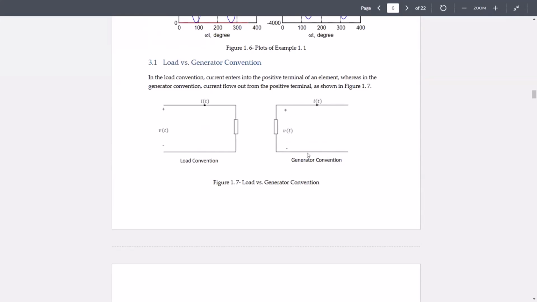If you find the active power to be positive, it means that that element generated that amount of power, right? So whatever you come up with is a generated value by that element if your element has been represented by generator convention. On the contrary, whatever calculation that you come up with, if your element has been represented by the load convention, would be the value that has been consumed by that element, not generated.